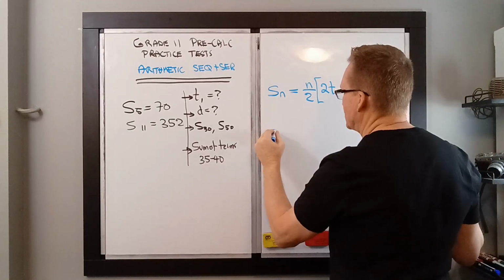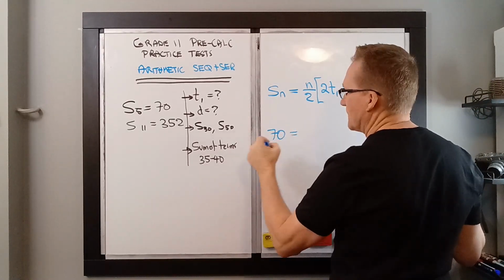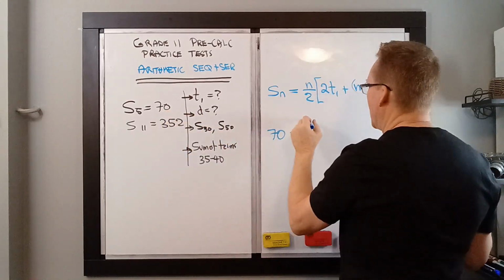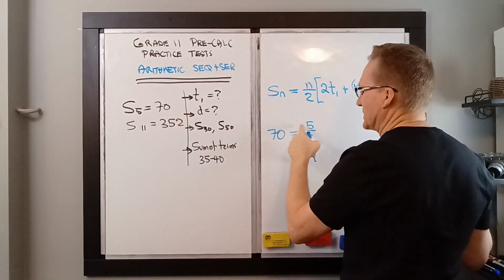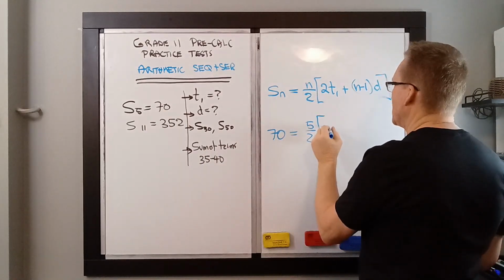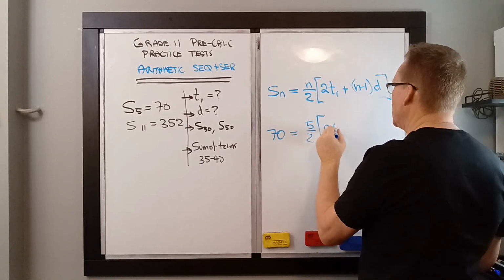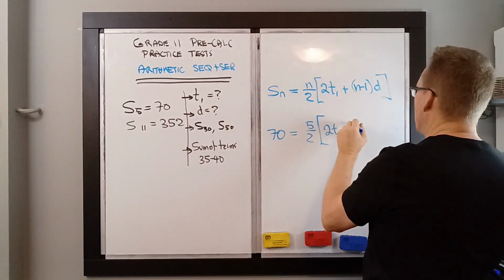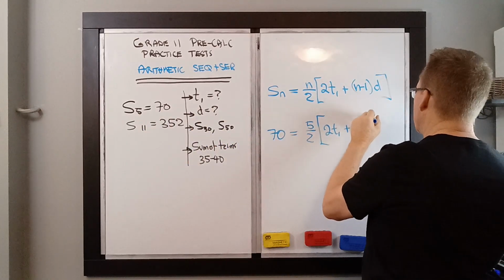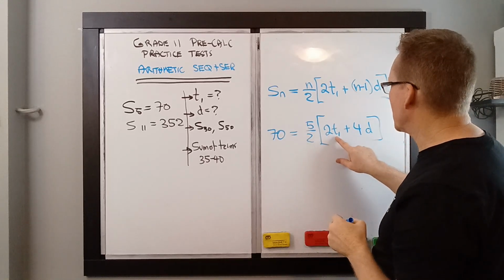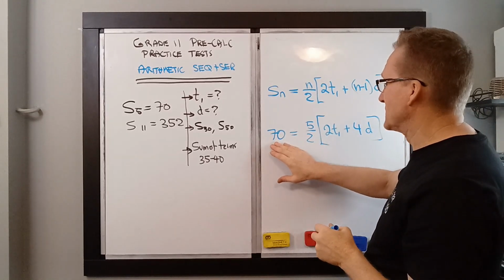So let's assume 70 is equal to 5 over 2, since n is 5, times 2 t1 plus 5 minus 1, 4 times the common difference. We don't know what the common difference is, and we don't know what the first term is, but we do know how to sum the first 5.